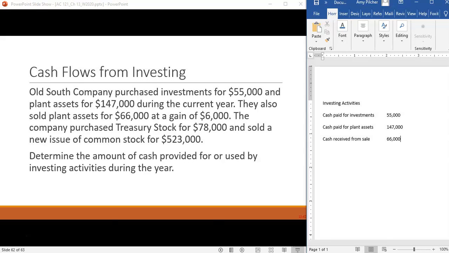That goes in the operating section. So the only three things that we need in here are the three things that involved our long-term assets. Our net cash from investing activities: if we received it, it's a positive, if we paid it out, it's a negative. So we have net cash of negative $136,000.